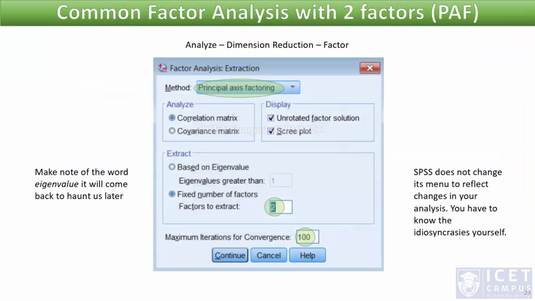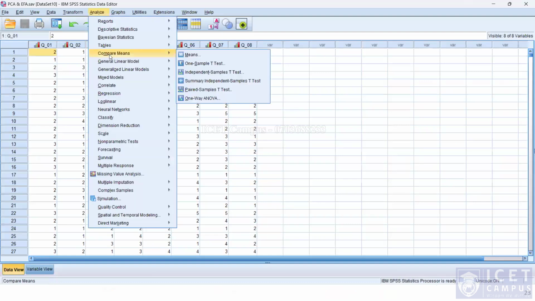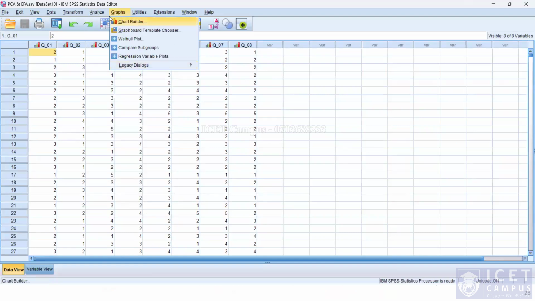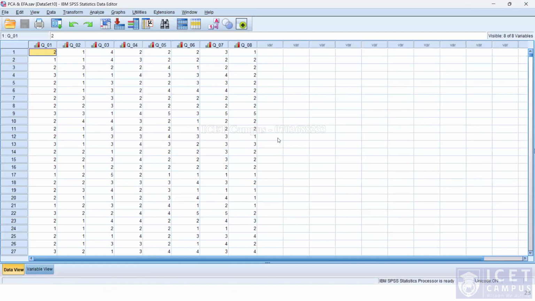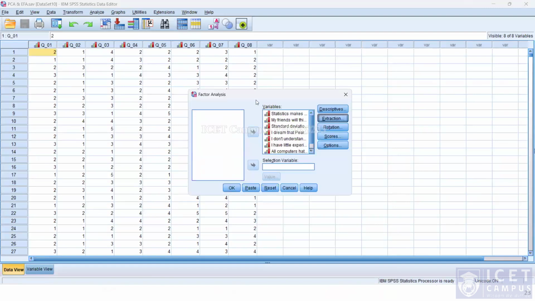Next we can check principal axis factoring, right? We can go to Analyze, Dimension Reduction, Factor. Then we can go for the model.